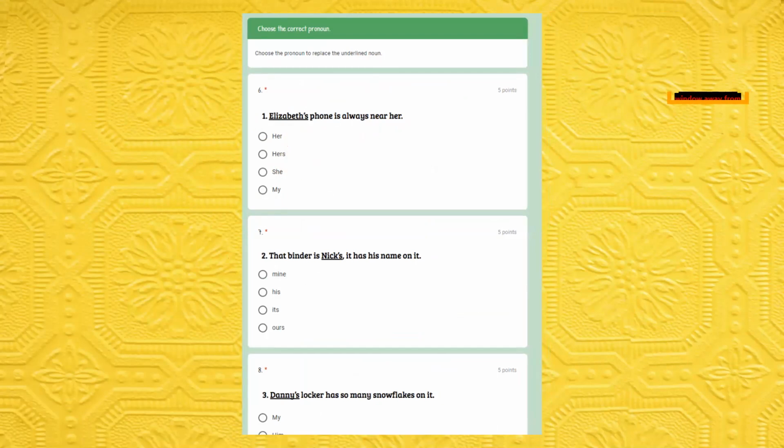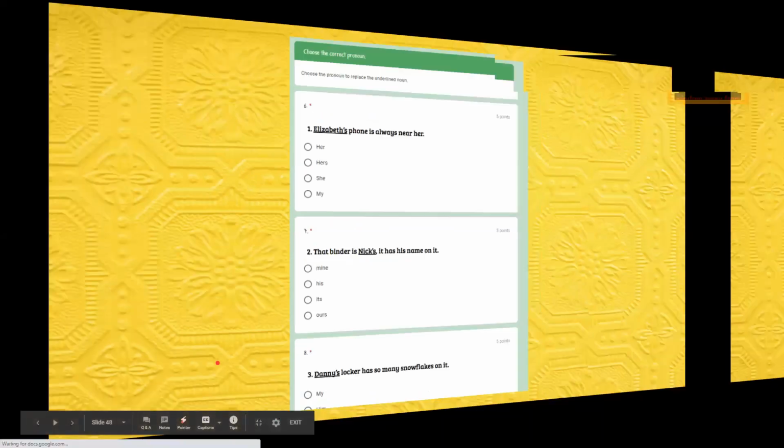No. Is it she? She phone is always near her? Nope. My phone is always near her? Okay, maybe, but this is talking about Elizabeth. So it's going to be her. You have to read the sentence, plug in the correct pronoun. Her is the correct pronoun. All right. After you're done with all of these questions, click next.